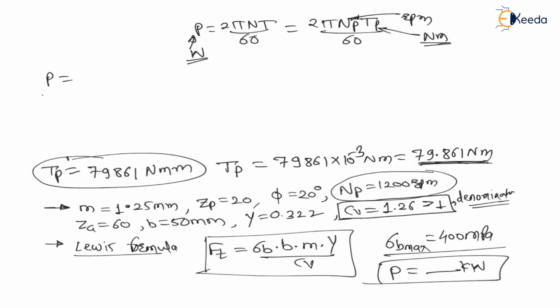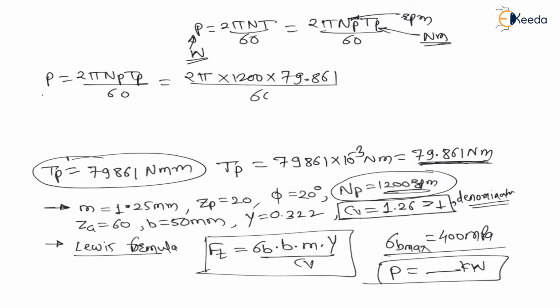Therefore, power is equal to 2 pi np Tp divided by 60, which is nothing but 2 pi into speed of pinion 1200 rpm into torque transmitted by pinion 79.861 Newton meter divided by 60. Now solve this. The power that we will get is 10035.63 watt. This will be in watt.